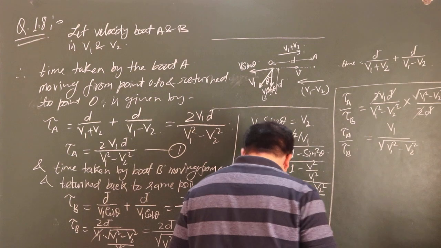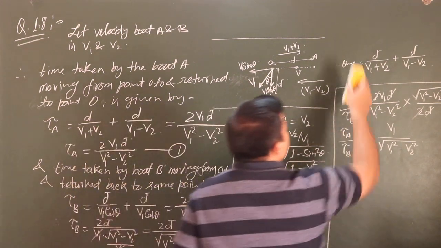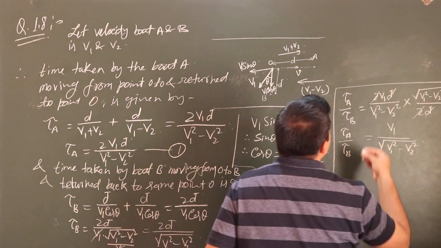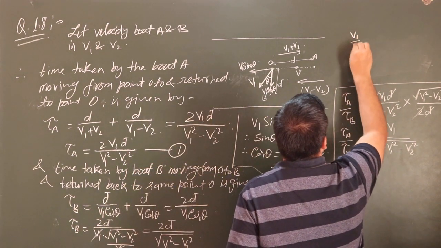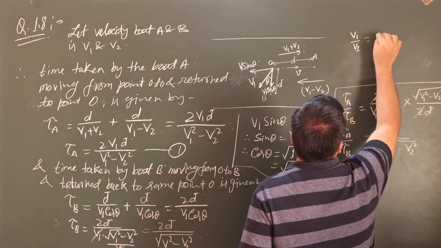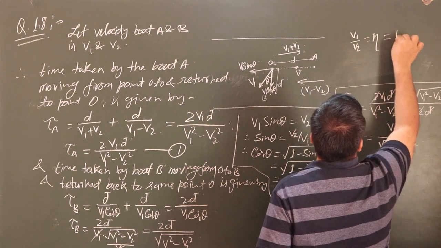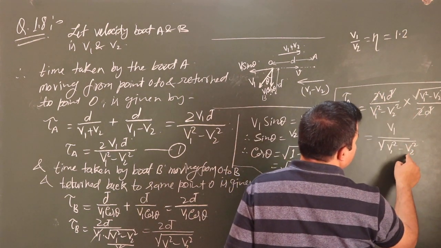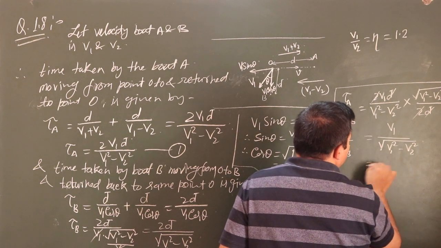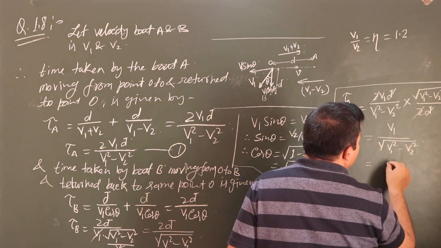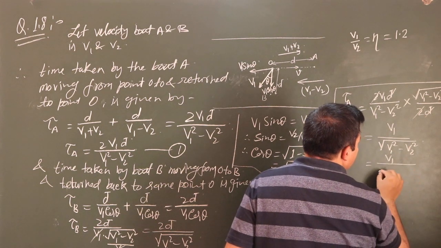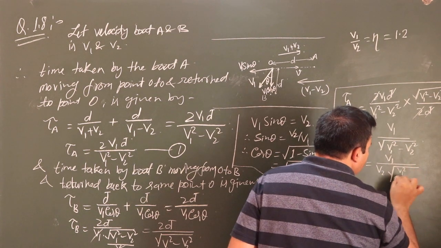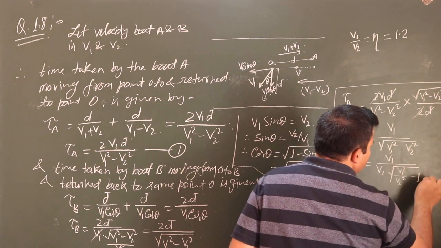According to the question, the ratio V1 upon V2 equals eta, which is equal to 1.2. Hence if we take V2 as a common factor, then V1 upon V2 over root over V1 square upon V2 square minus 1.